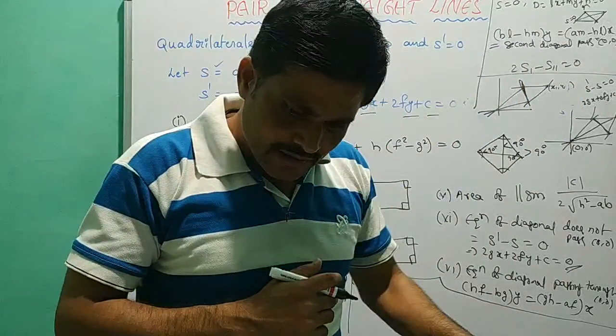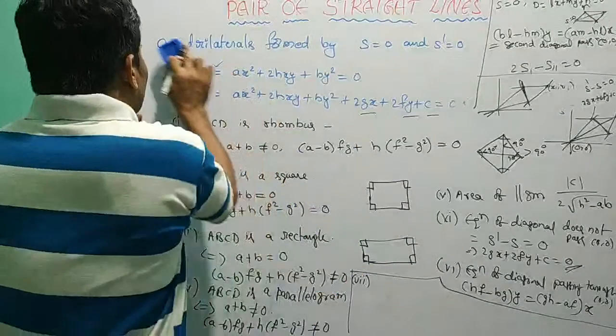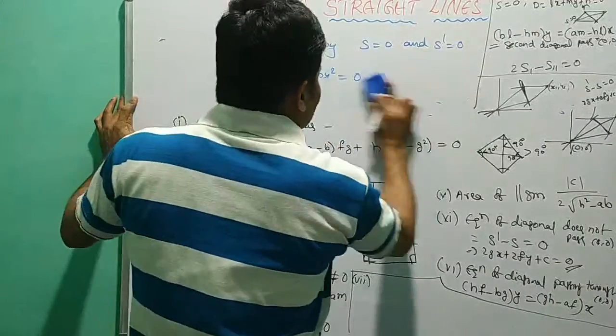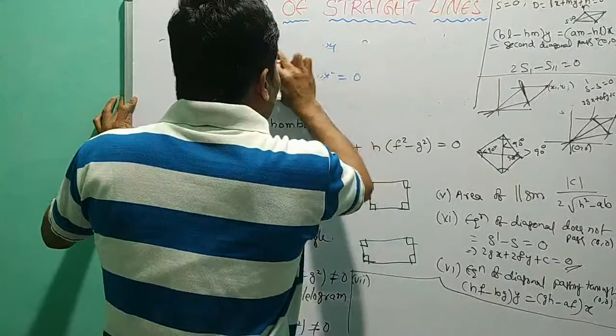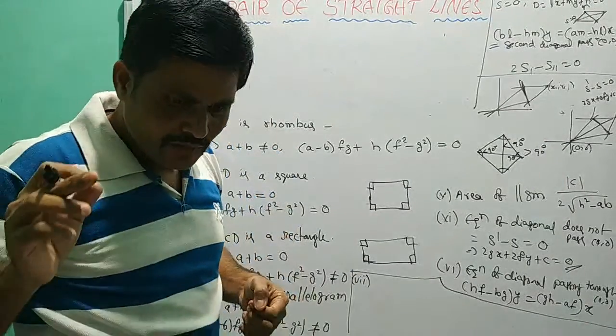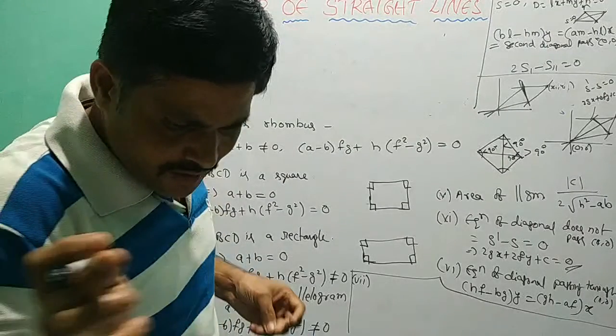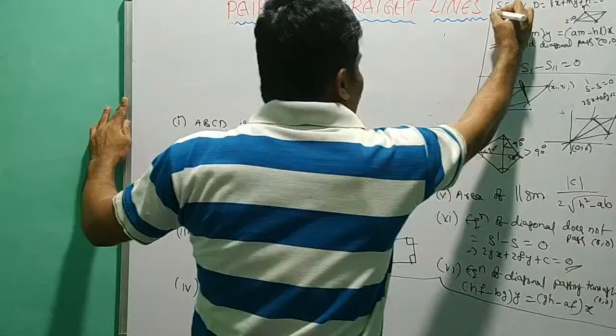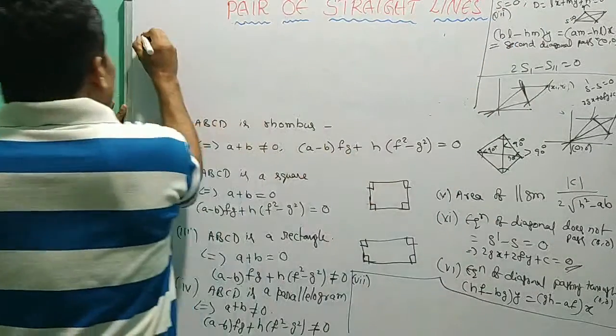Similarly, the pair of lines. So this is the 7th one. This is the 8th one.